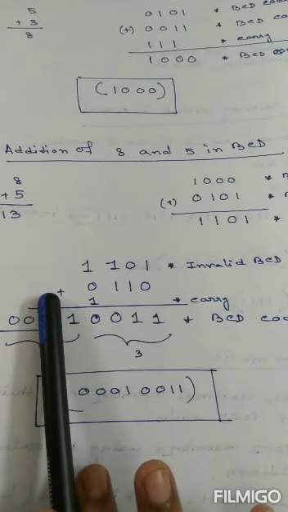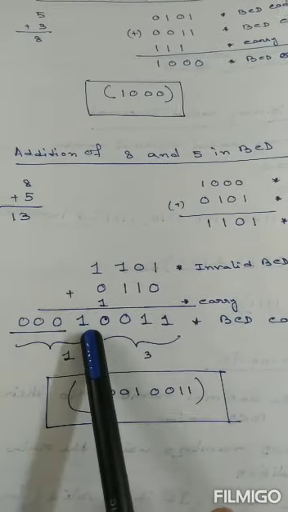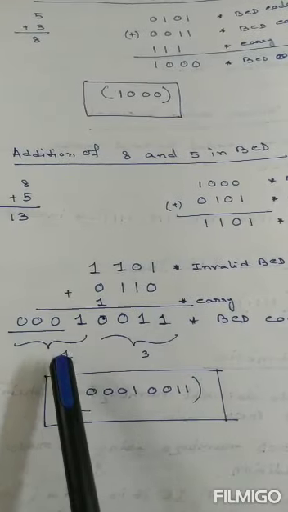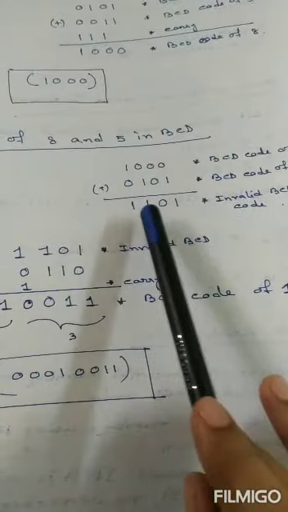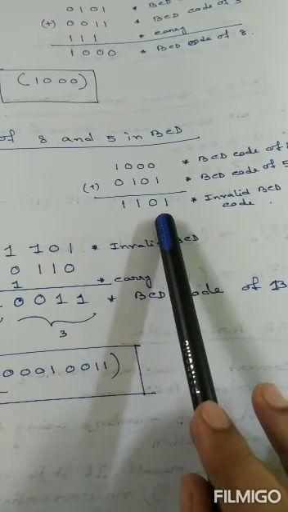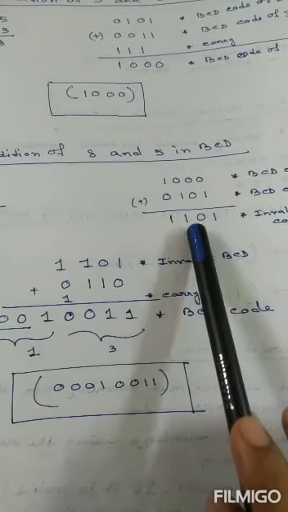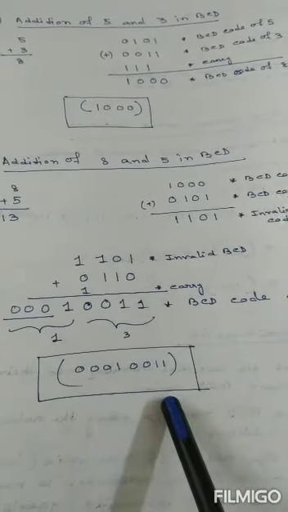This is the resultant. So 0011 represents 3, and the extra 1 represents the tens digit, so 13 is the final answer. As 1101 is an invalid BCD number, we add 0110 to this resultant and it gives the final answer.